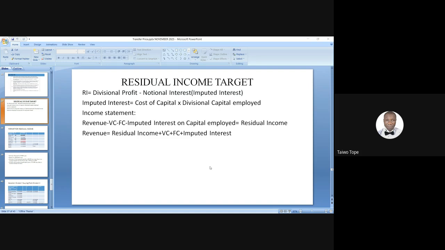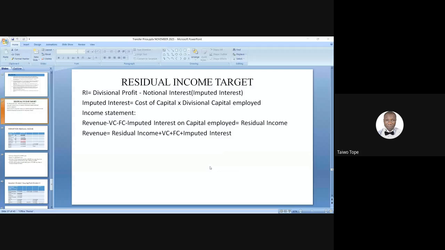So now, it is very clear that revenue is a function of quantity and selling price. So for you to get your residual income, it will be your revenue less various costs.